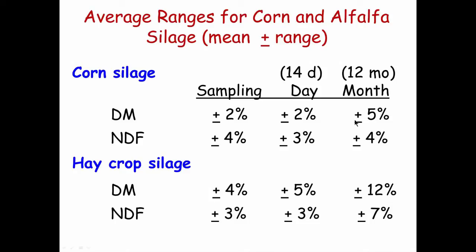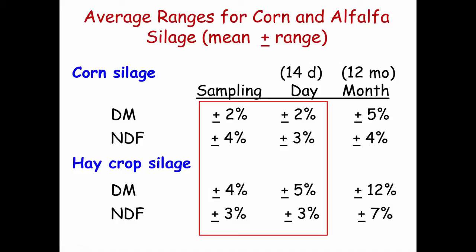Another part of this experiment, which I haven't talked about, was we sampled silages over a 12-month period, but we only took samples once a month. So this is true variation over a year with monthly sampling. This is true variation over 2 weeks with daily sampling.